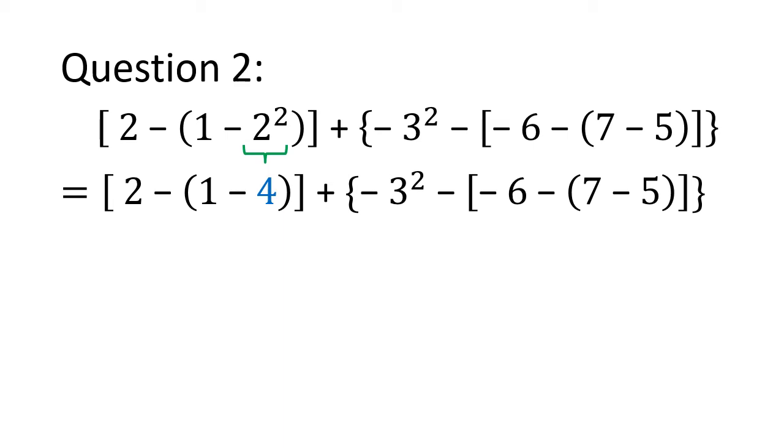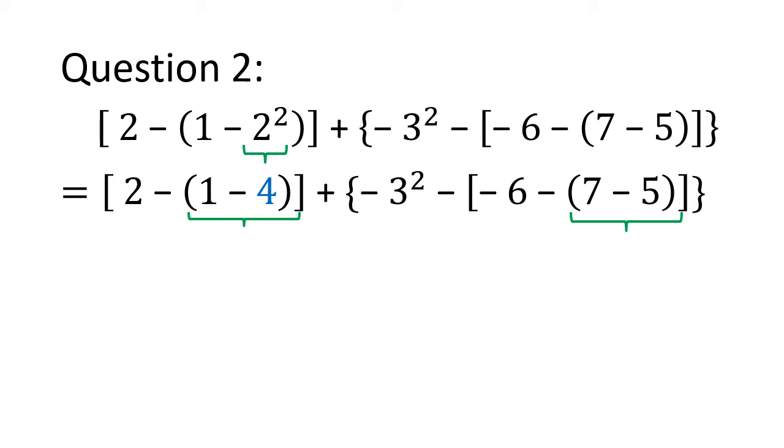parentheses 7 minus 5. Now we have subtractions inside the parentheses, so we need to do 1 minus 4, which is equal to negative 3, and 7 minus 5, which is equal to 2.